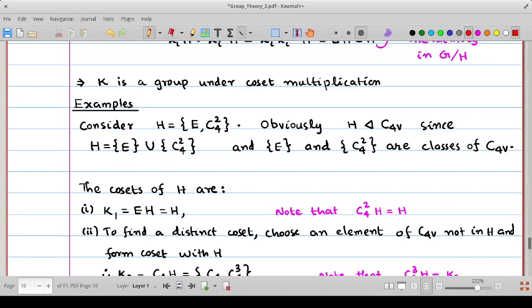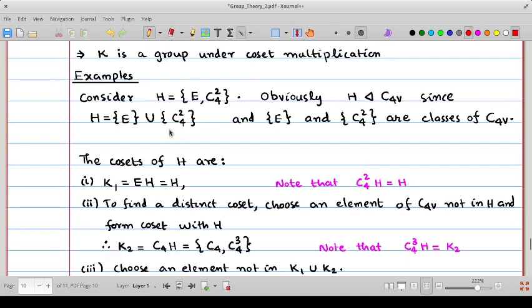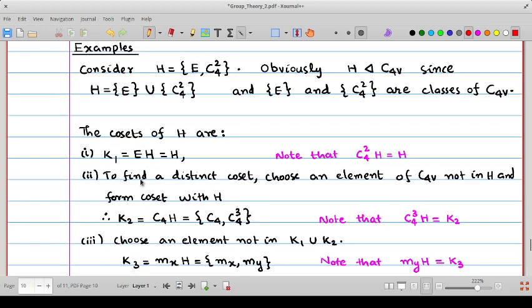And that is because H can now be written as the union of the set E and the set C4 square, each of which is a class. So this is a class of C4v and this is also a class of C4v, and H contains complete classes, and therefore it's a normal subgroup. So now we consider the cosets of this subgroup. So let us now consider K1, which is identity times the subgroup H, which is H itself.